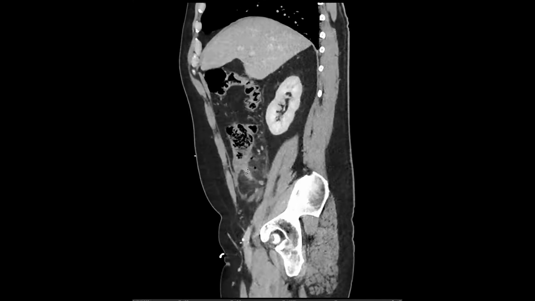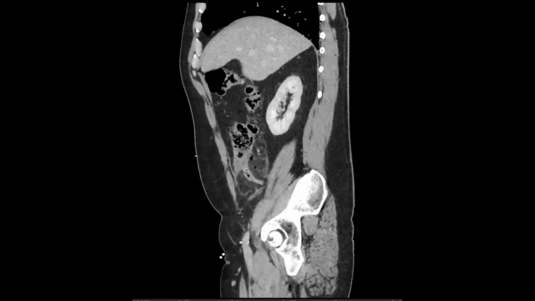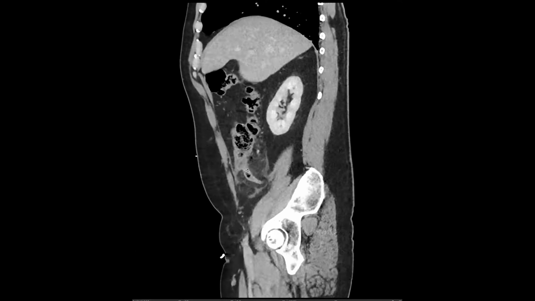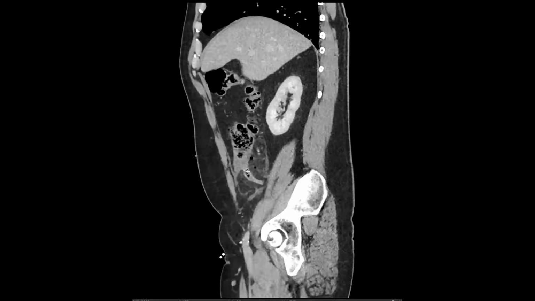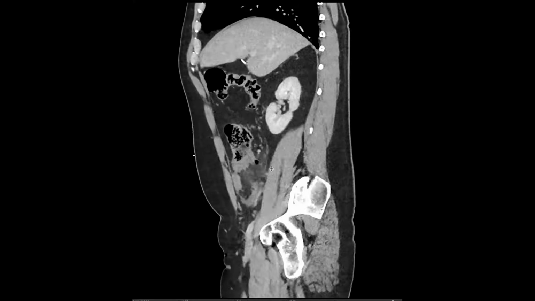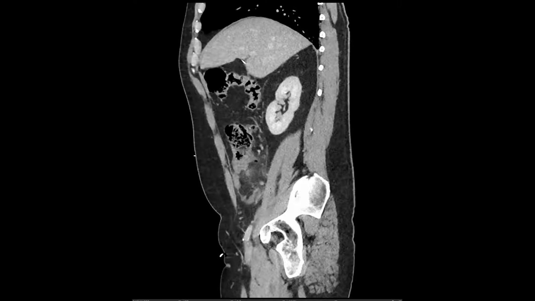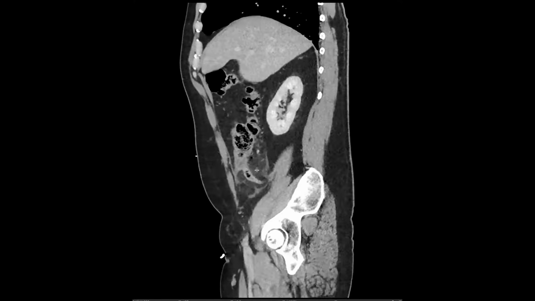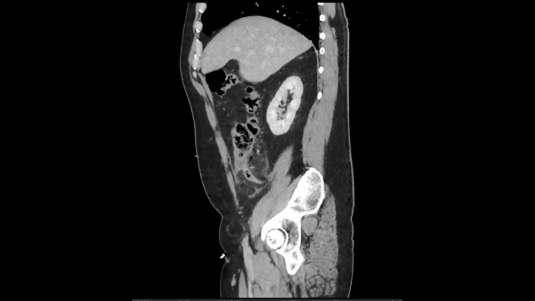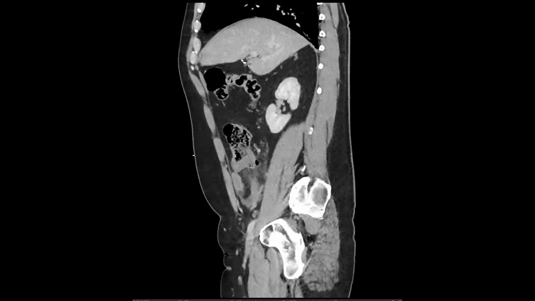I think it's tricky, but the most important thing is to raise the possibility so that they are careful when they go in, maybe get a frozen margin, look at the cecum more carefully by visual inspection, and have a low threshold to do an open procedure. Yeah, I was worried about a mass there, and then the pathology is just appendicitis.